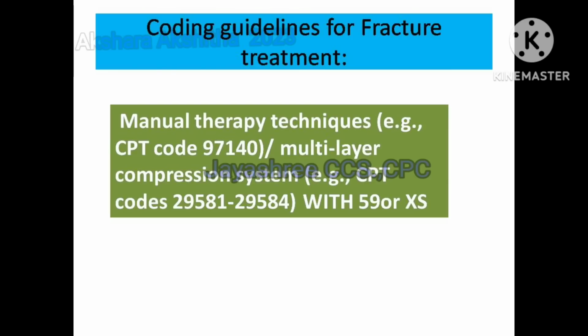It is necessary to indicate that the manual therapy technique is a distinct part of the anatomical area, so we can code it with a 59 modifier or XU modifier. 97140 is the manual therapy technique code, and 29581 to 29584 is the multi-layer compression system. If both procedures are done in different anatomical areas, then we can code with the 59 or XU modifier.